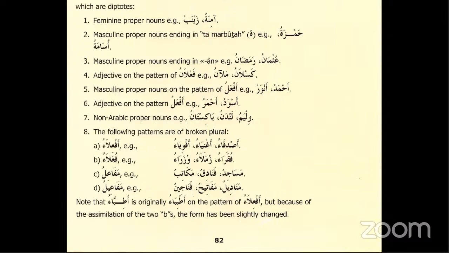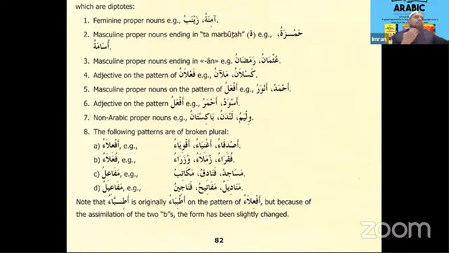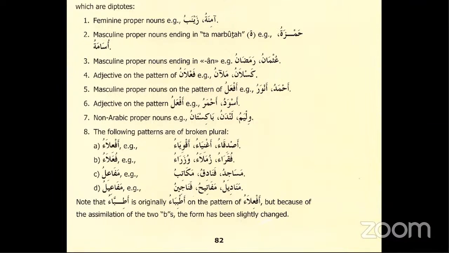Af'ila'u. The examples for af'ila'u are asdiqa'u, aghniya'u, aqwiya'u, and fu'ala'u. The examples for fu'ala'u are fuqara'u, zumala'u, wuzara'u. Excellent. Continue, finish off. Mafa'ilu examples are masajidu, fanadiqu, makatibu.